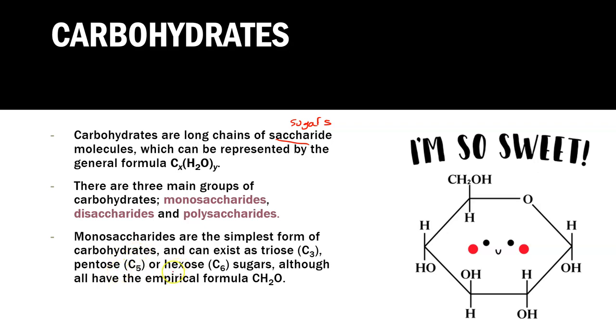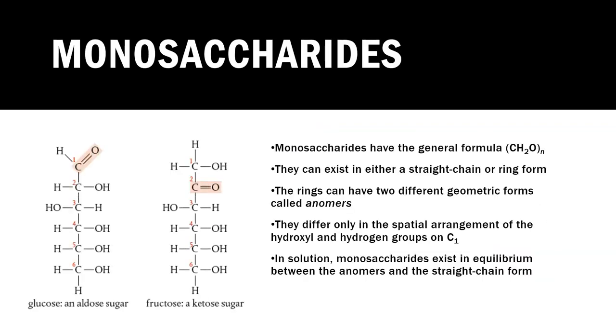The structure of these sugars is given in your data book. You have a selection of disaccharides as well as monosaccharides. You're given the structure for both alpha glucose and fructose in your data booklet. Monosaccharides, as we said before, have the general formula CH2O n. These are essentially mono sugars.